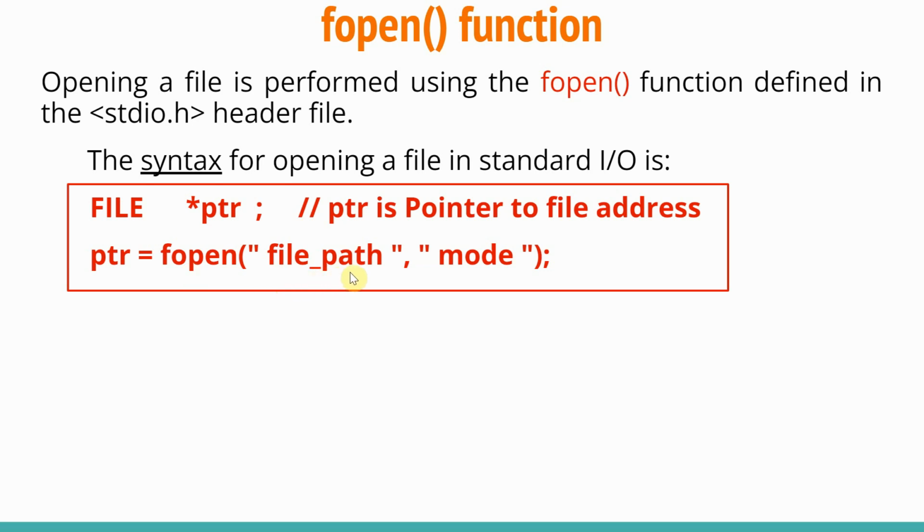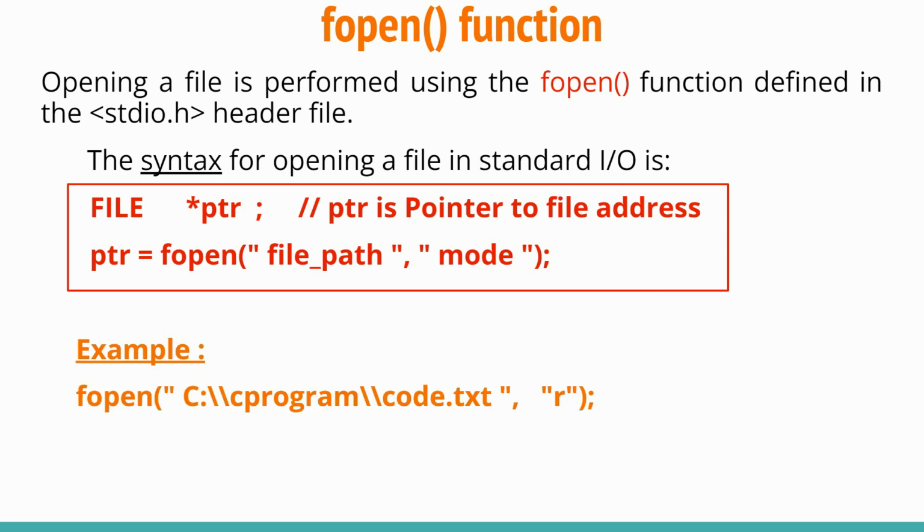And whenever you want to open any file, you need to open it like this. fopen requires two arguments. First argument, it requires a path where that file is stored or where you want to create it. Second argument, it requires in which mode you want to open it. So just now what we saw, like read mode, write mode, or append mode, those kinds of things. So let us look at a few examples. For example, I want to open a file in read mode.